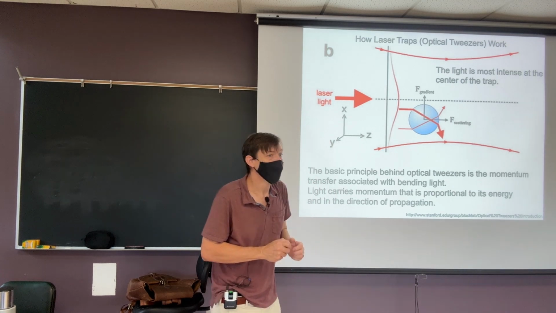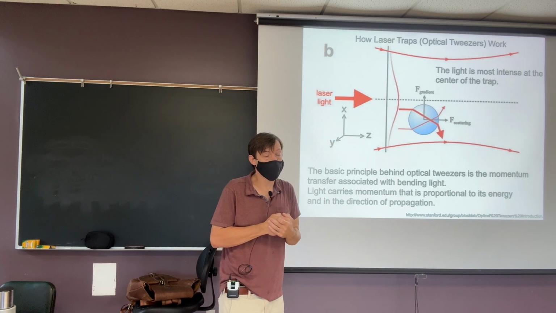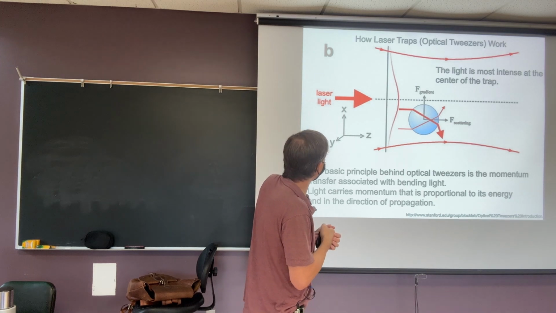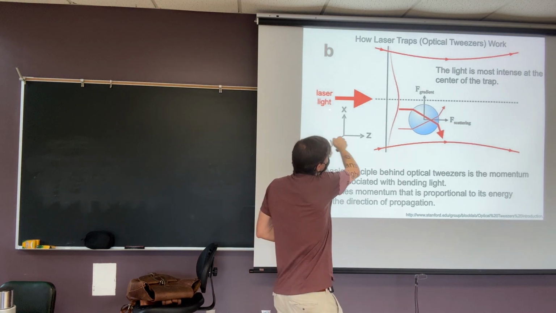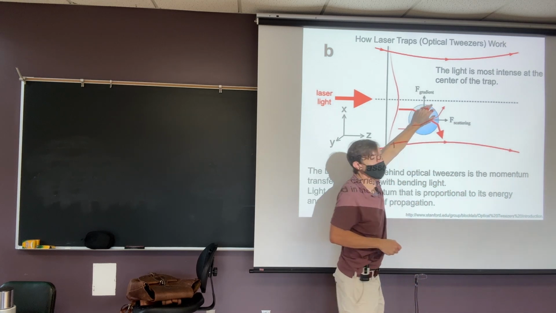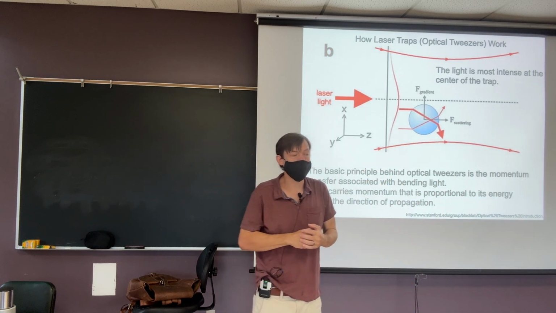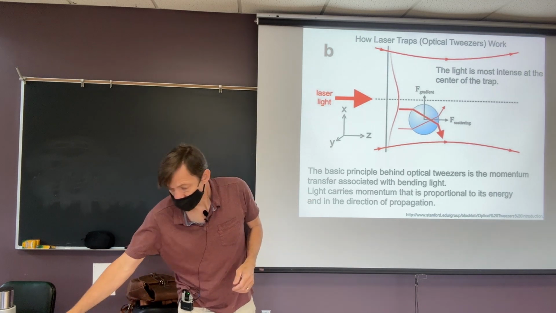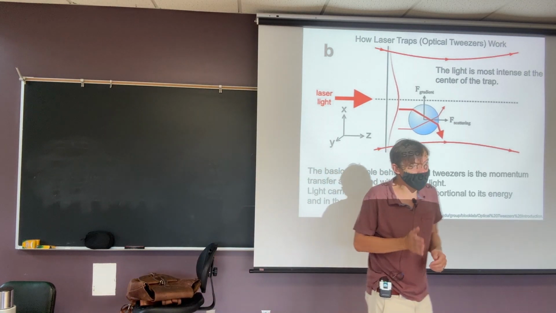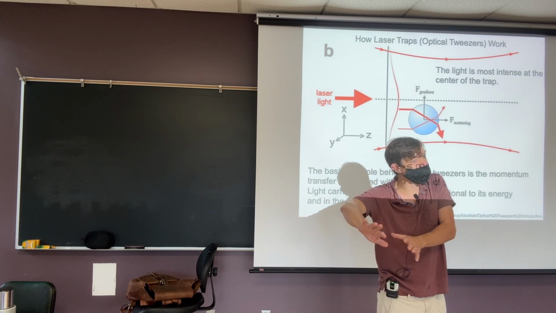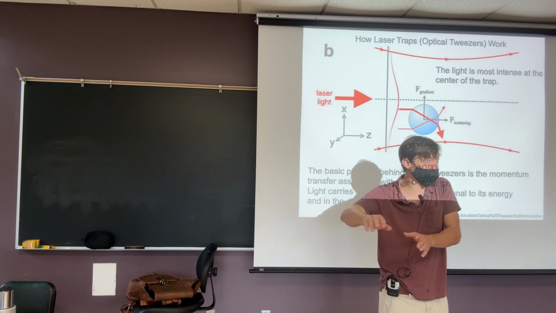All right. So, in terms of light, what we have here is laser light coming from this side, and we've got a glass bead here in the center. A very interesting thing is that whenever light changes direction, it can impart momentum on a system.